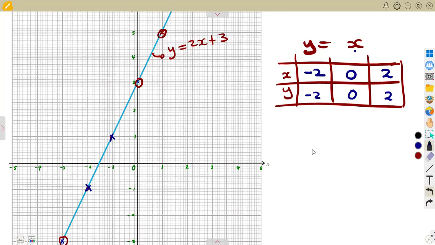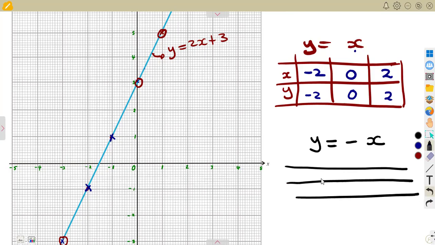Do not confuse this with y is equal to -x. This one tells us that for each and every value of x that you insert, it must be multiplied by a minus.